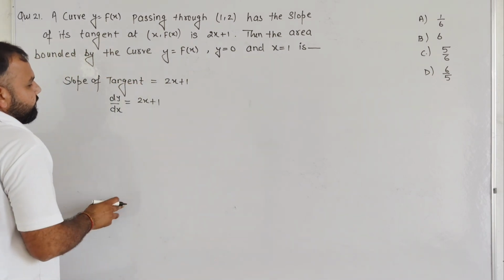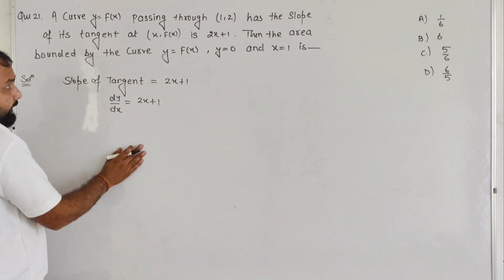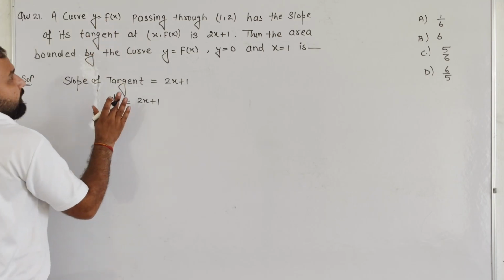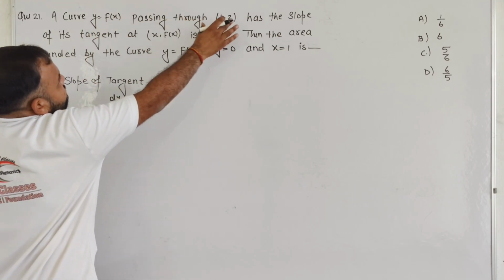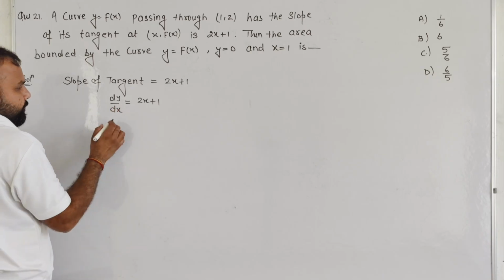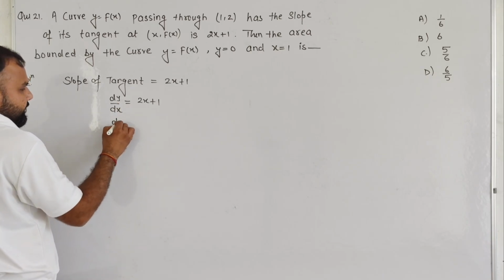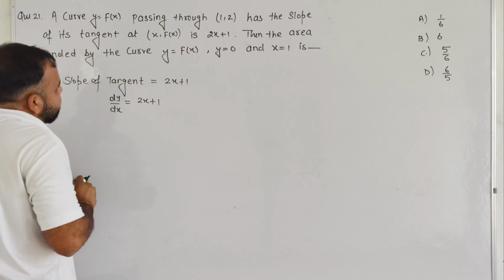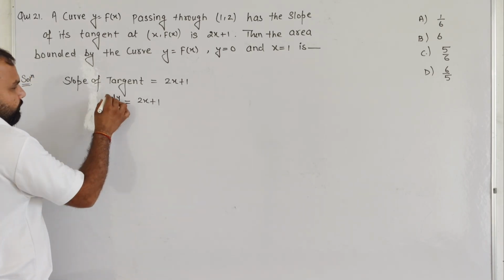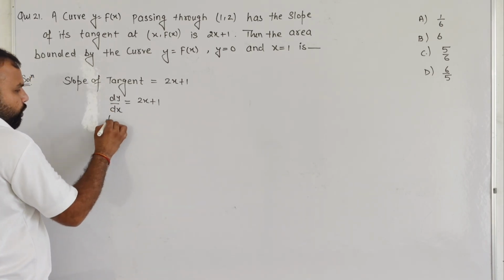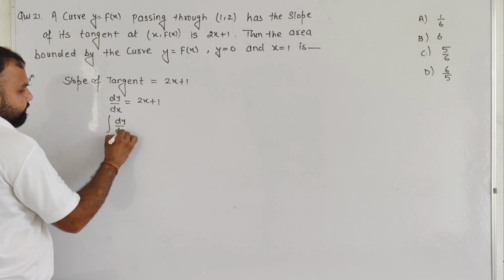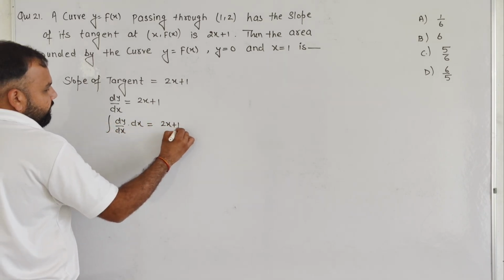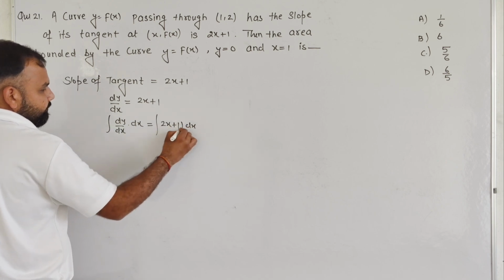So basically student, first of all we need to calculate the function or curve y equals to fx, and you know this curve is passing through 1 comma 2, okay. So first of all you need to calculate the value of this expression, taking, student, you know very well, derivative is cancelled out by the integration, so taking integration on both sides, you got dy by dx, that is 2x plus 1 integration dx.